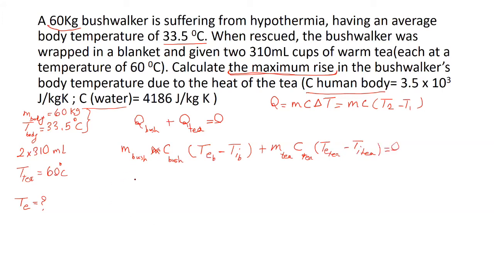M bushwalker is 60. Okay. C is 3.5 times 10 to the power 3, as you can see in the question. T equilibrium is something that we want to find. That is T equilibrium, this one is equal to this one. So instead of writing T and bushwalker, I just write TE.